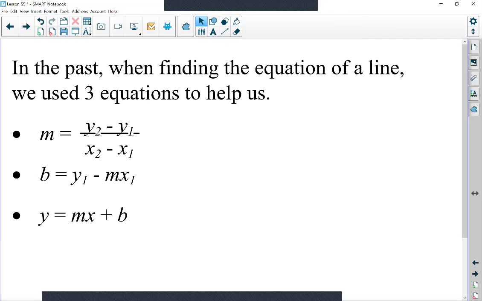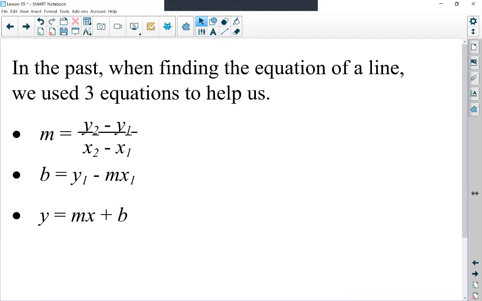We had a formula for the slope of a line, which was the difference in the y values divided by the difference in the x values, often referred to as rise over run. This middle equation is a way to calculate the y-intercept given the slope and 1 point.